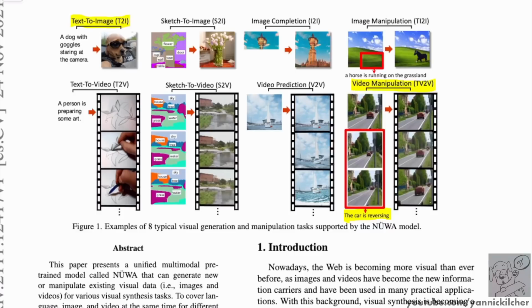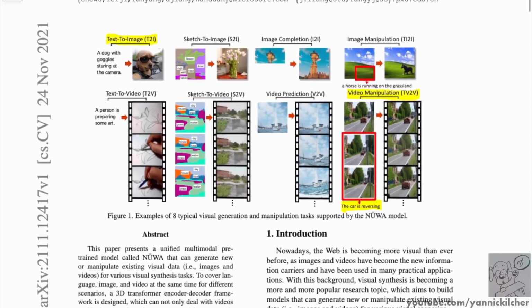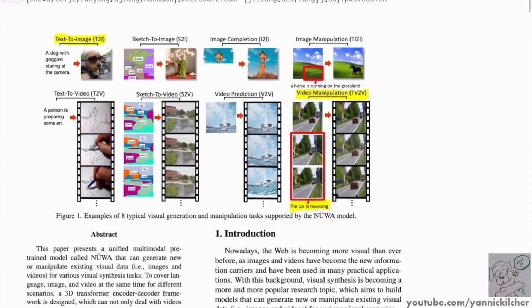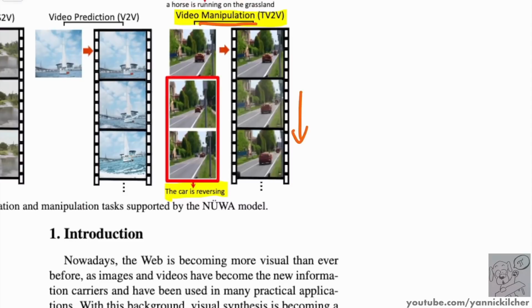Now they do show that the pre-training actually helps quite a bit, but you have to understand these are in fact fine-tuned. Also, you can immediately see that something like video manipulation is not actually video manipulation. Like the model doesn't care about these frames right here, what the car is doing. The model doesn't even see this. You simply input the first frame, and then you let it generate the next frames based on this text right here.